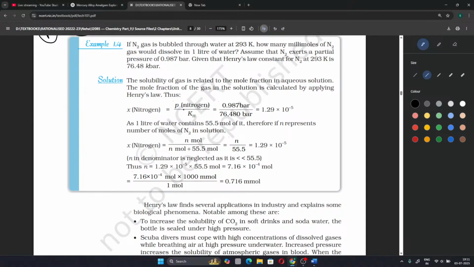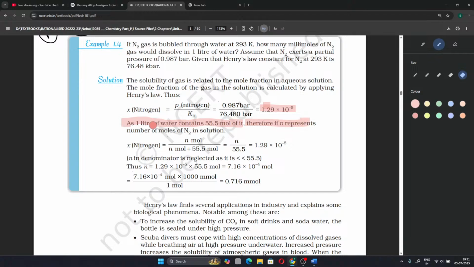Yes, so the same thing they are doing here. The solubility of nitrogen they found out to be 1.29 into 10 power minus 5, which is what we saw. As 1 liter of water contains 55 mole of it, as we found out here.